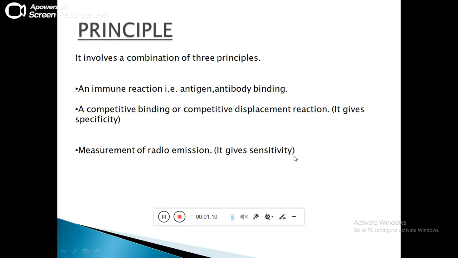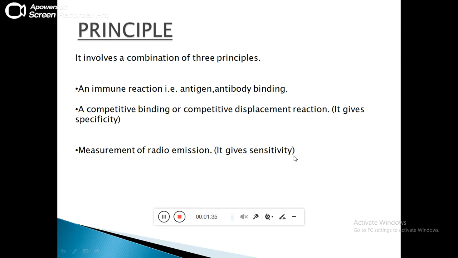Now we take a sample of a patient's body in which we suspect that particular antigen to exist. When we pour that sample into our reaction kit, which consists of a radio-labeled antigen and an antibody specific to it, competition develops between the two antigens, that means the radio-labeled antigen and the unlabeled antigen.